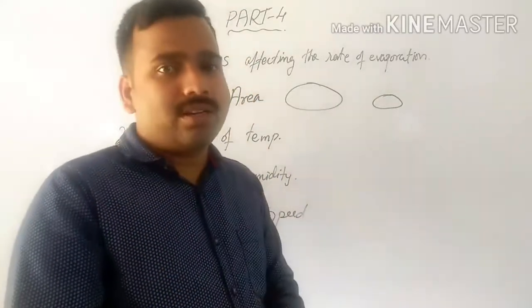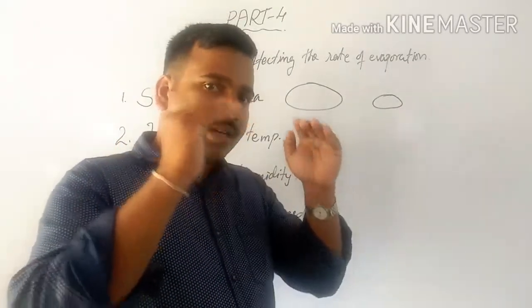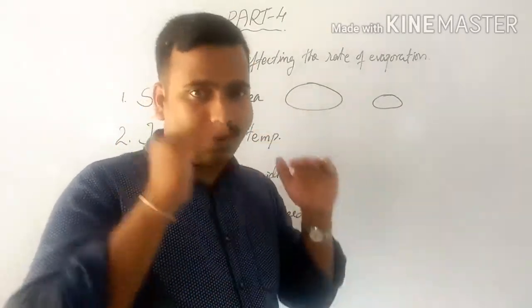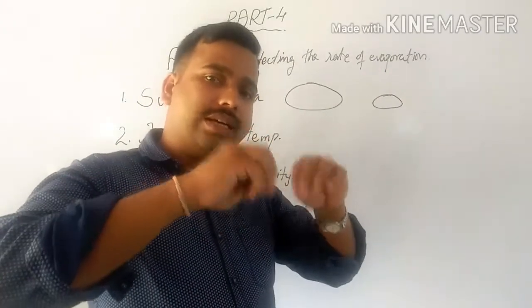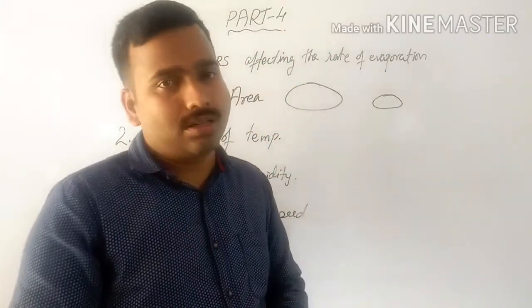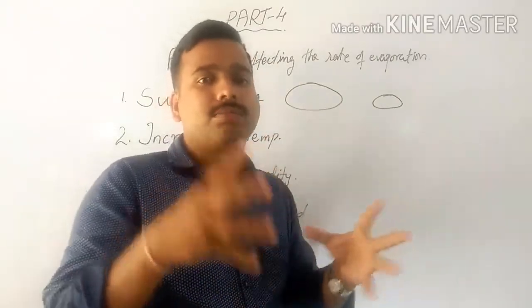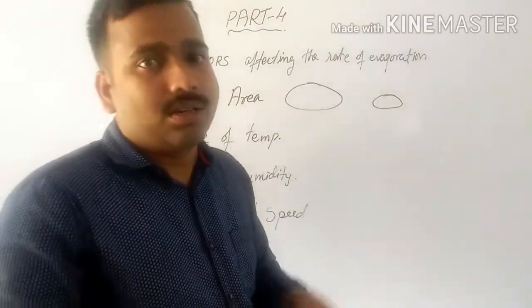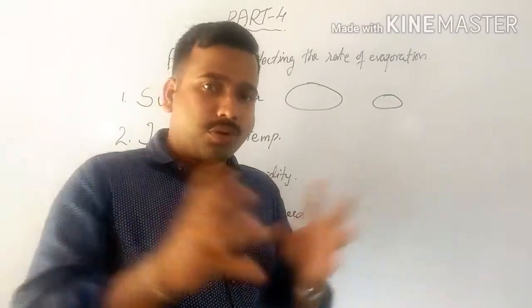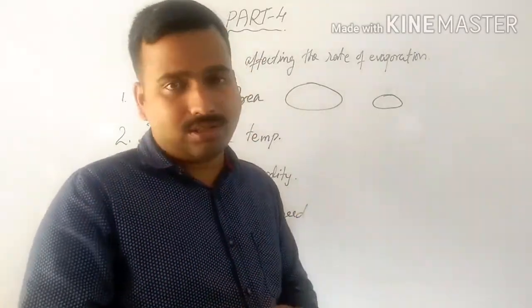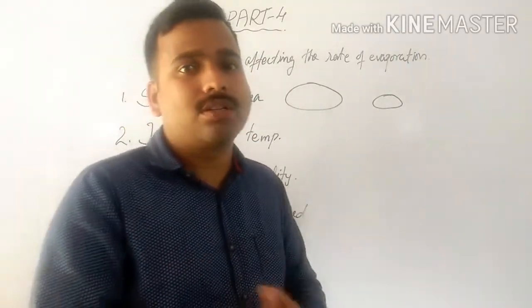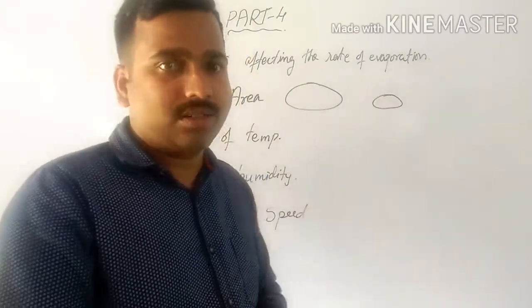At a certain point, the particles at the surface of the water get converted into the gaseous state, overcoming the force of attraction between the particles of the liquid. For that, it absorbs energy from the surroundings. Thereby evaporation causes a cooling effect.